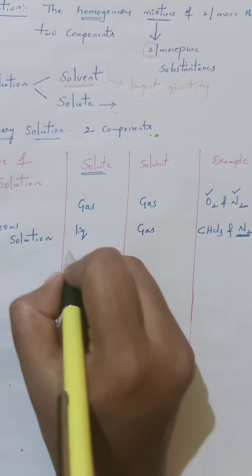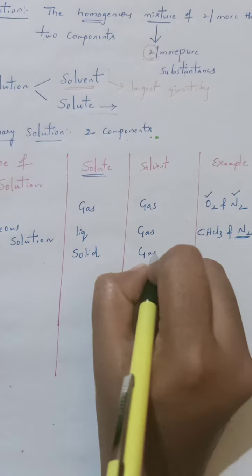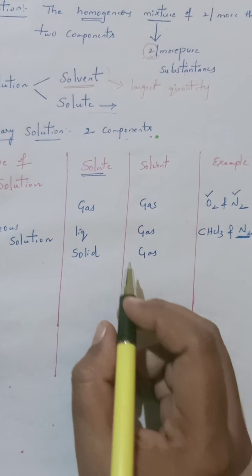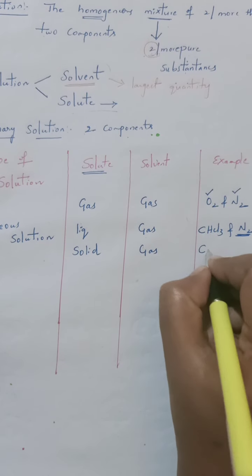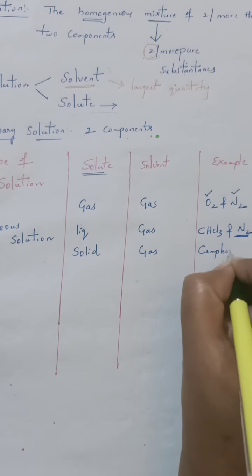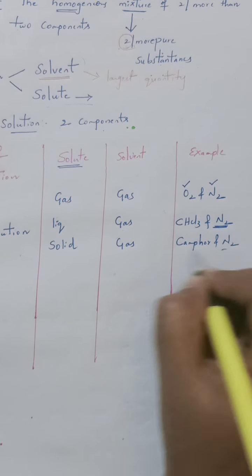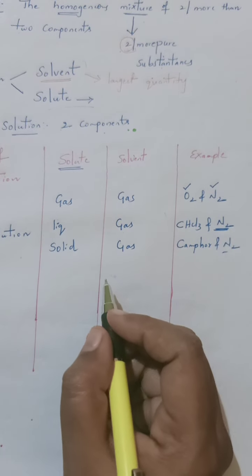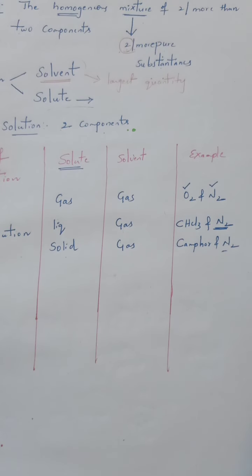And another one is a solid solute dissolved in a gaseous solvent. So solid is dissolved in gaseous. The example is camphor and nitrogen. Here nitrogen is in gaseous state, which acts as the solvent, and camphor is in solid state, which acts as the solute.